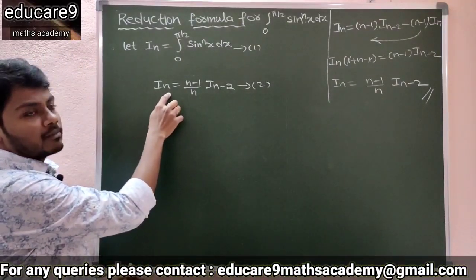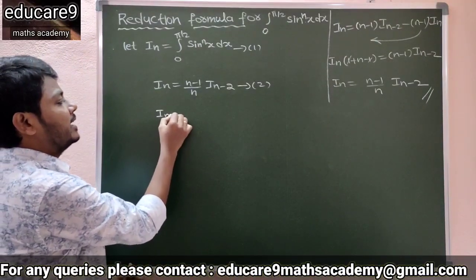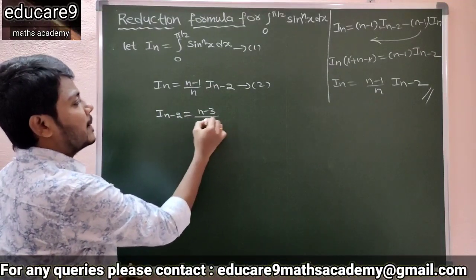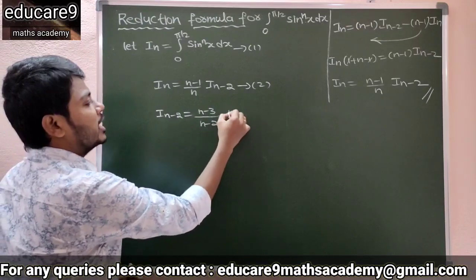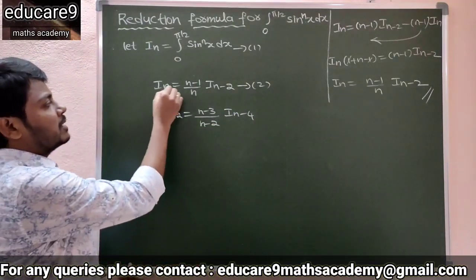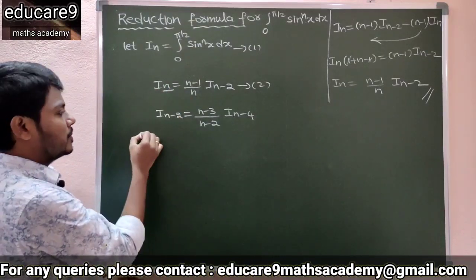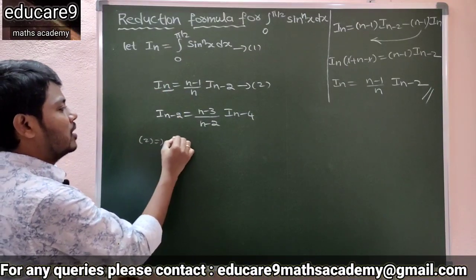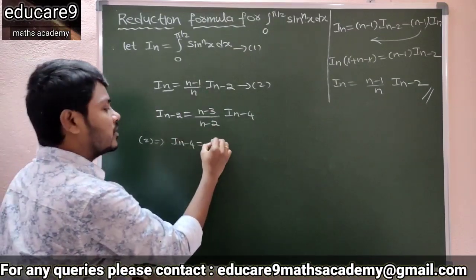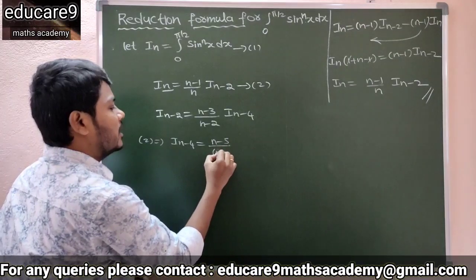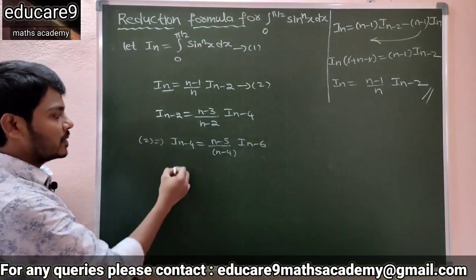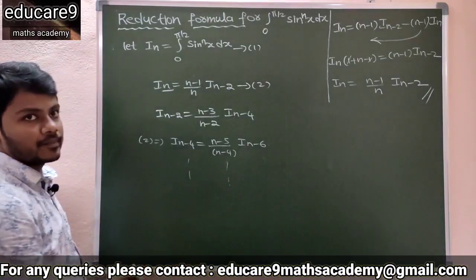Replace n by n minus 2. You will get I_(n minus 2) equals n minus 2 minus 1, that is n minus 3, by n minus 2, times I_(n minus 4). Again replace n by n minus 4 here. So from equation 2, I_(n minus 4) equals n minus 4 minus 1, n minus 5, by n minus 4, times I_(n minus 6), and so on.